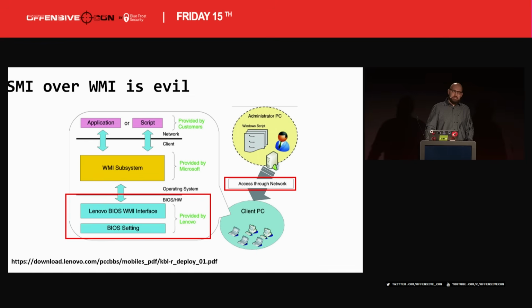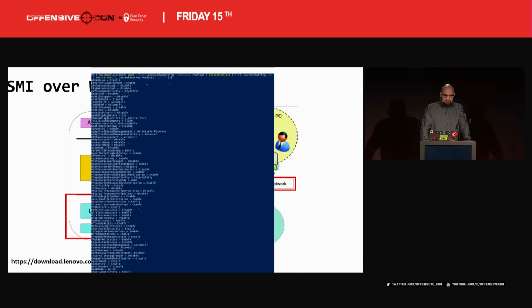How do they change configurations, how do they really communicate with the BIOS? Is it just static data, or do they have something that is a really interesting attack surface? Also, we do have access to this interface over the network, of course, because it's enterprise, and you need to deliver configuration changes to many machines in your network.